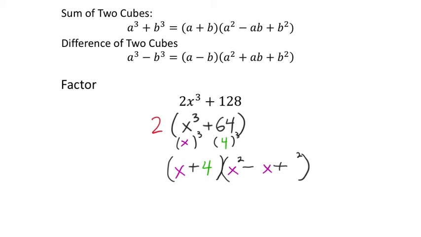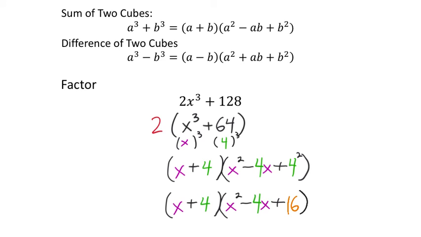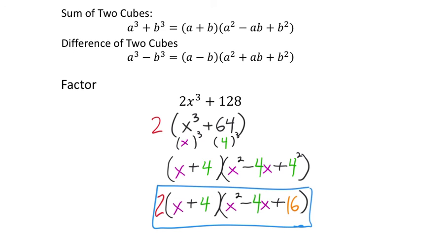So I've got a 4 wherever there should be b's in the formula there, right? So this one's pretty close. There's not a whole lot of simplification to go on here. It's the 4 to the power of 2 there. 4 to the power of 2 is 16. So we'll write it as 16. Oh, see, I almost forgot the 2 at the end there. Don't forget that 2 that was there to start with. Now it's good.